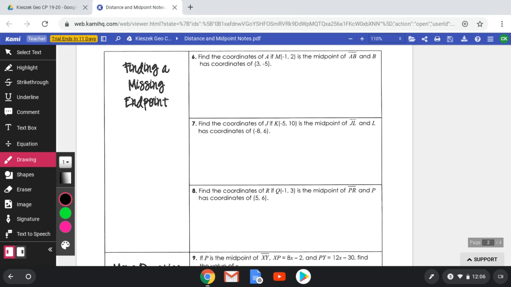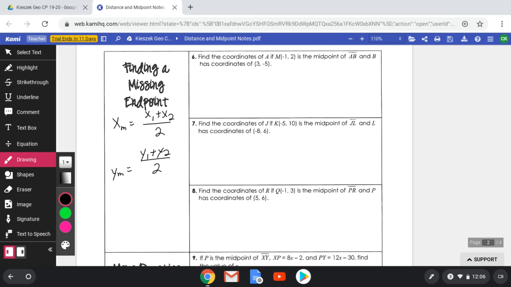I'm going to write this to the side. Basically, what you were doing in the previous problem was finding the x midpoint by adding the endpoints together and dividing by 2, and the y midpoint by adding the y's together and dividing by 2.